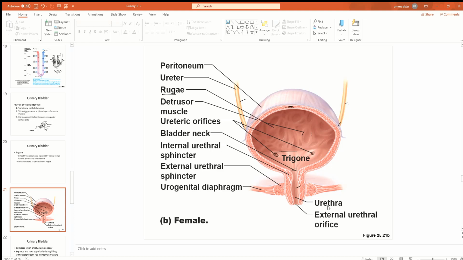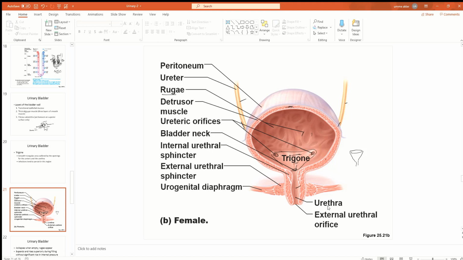Now the area in between those three openings here is like a funnel. So this is one half, right? So the other half they have dissected. So if you join them together, it is like a funnel, and this is the urethra. Okay, and the wall of this part doesn't have rugae. This is very smooth. Okay, and that helps the urine to pass through the urethral opening into the urethra.